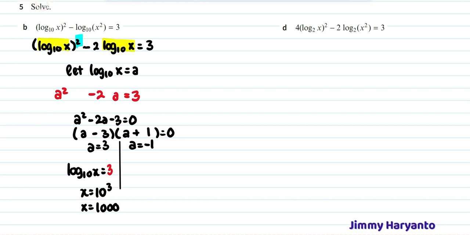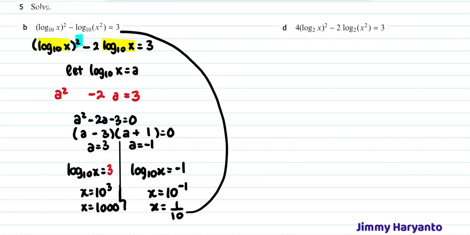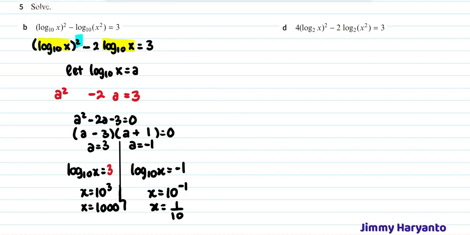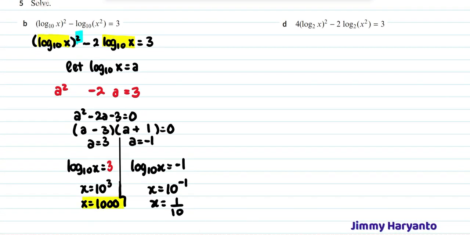Next is a equals negative 1, so log 10x equals a before, change the a into negative 1, and then move the log 10, it will become 10 to the power of negative 1, x equals 1 over 10. And also for this one, it will be correct if you input it into the terms, it will not give you the negative numbers. So the answer for this question is 1000 or 1 over 10.